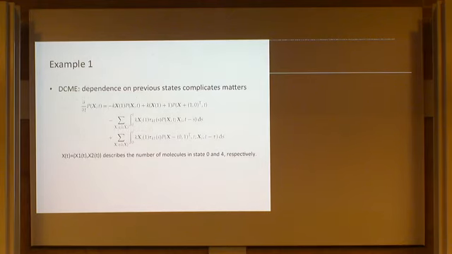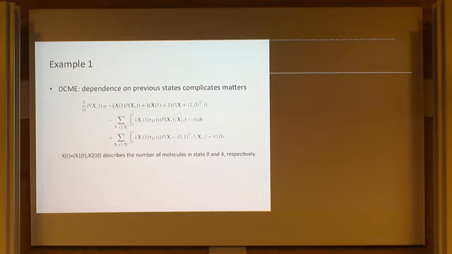And so here I show you how the DCME actually looks for the first example. Here X is just this tuple, X1 and X2, which describes the number of molecules in state 0 and state 4 respectively. And we have again these very nasty terms. Of course, what is really bothering here is the sum over all previous states.